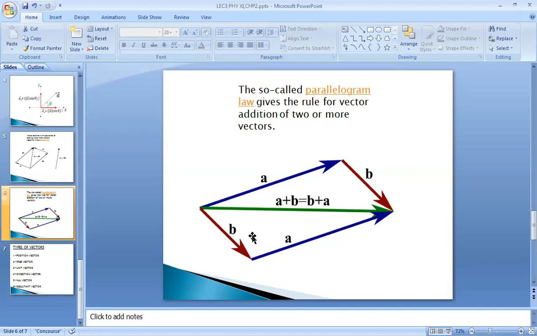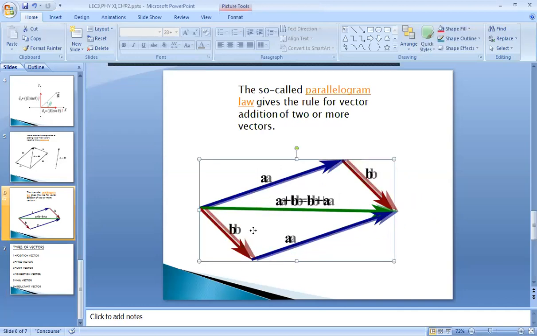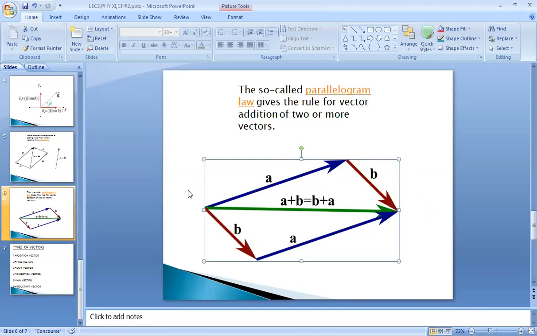Vector A plus vector B is equal to vector R. You can write vector R is equal to vector A plus vector B or vector B plus vector A. So the second definition is that the resultant vector is the sum of all vectors, or a vector obtained by joining initial to final.